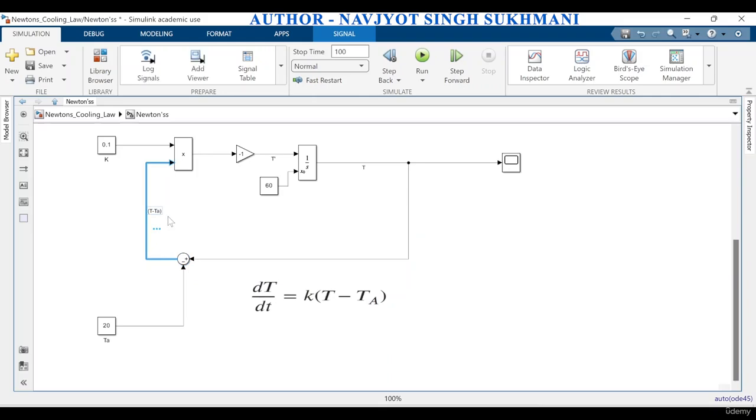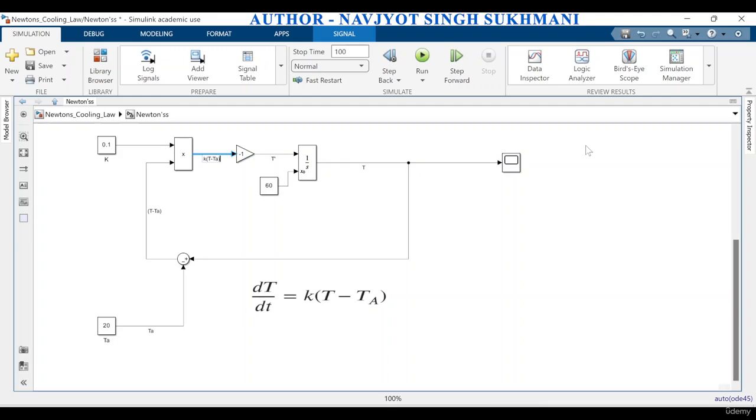On this line I have given T minus Ta. We already discussed that naming each signal is very important. So here also I will give the name Ta so that it will be easier, and the name T is coming from here itself, so it's not required to write it here as well. The output of this is k times (T minus Ta).